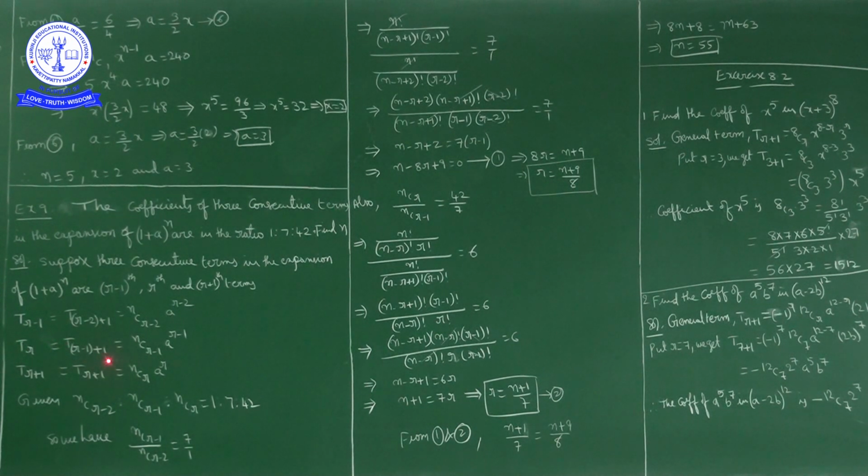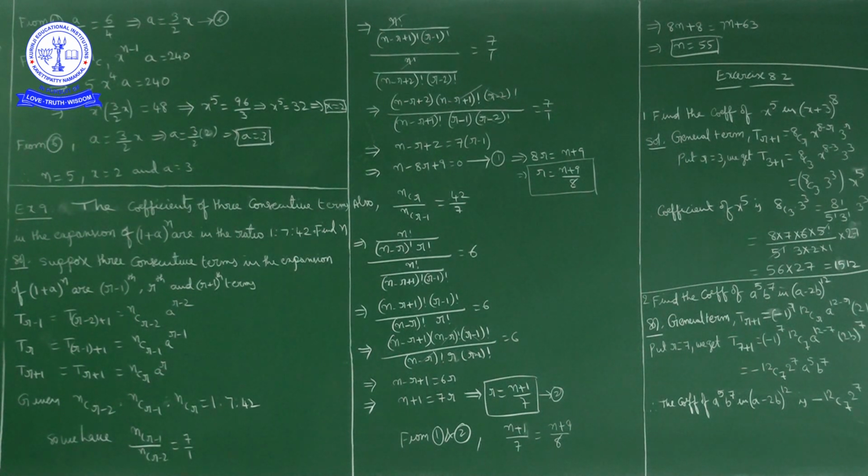T_(r-1+1), so we can write nC(r-1) into a^(r-1). Next, T_(r+1) is nCr a^r. So in the expansion of (1 + a)^n, the (r-1)th, rth and (r+1)th terms are nC(r-2) a^(r-2), nC(r-1) a^(r-1) and nCr a^r.